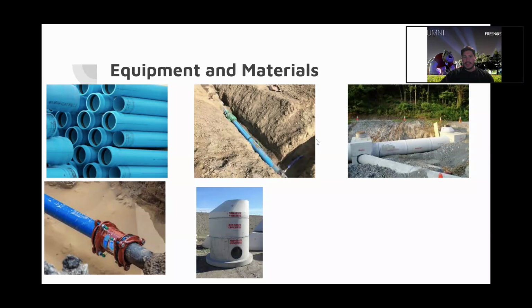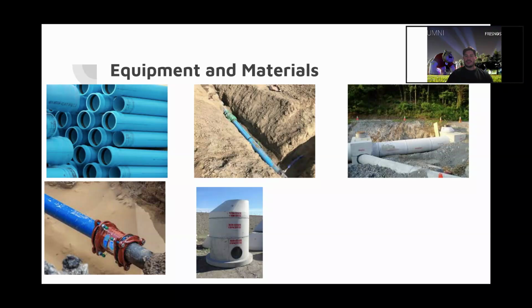This is before it gets encased in sand, and then native soil is backfilled and compacted. Then you get the layer of tape, labeled to say caution, fire line below, installed right before you complete your backfill.